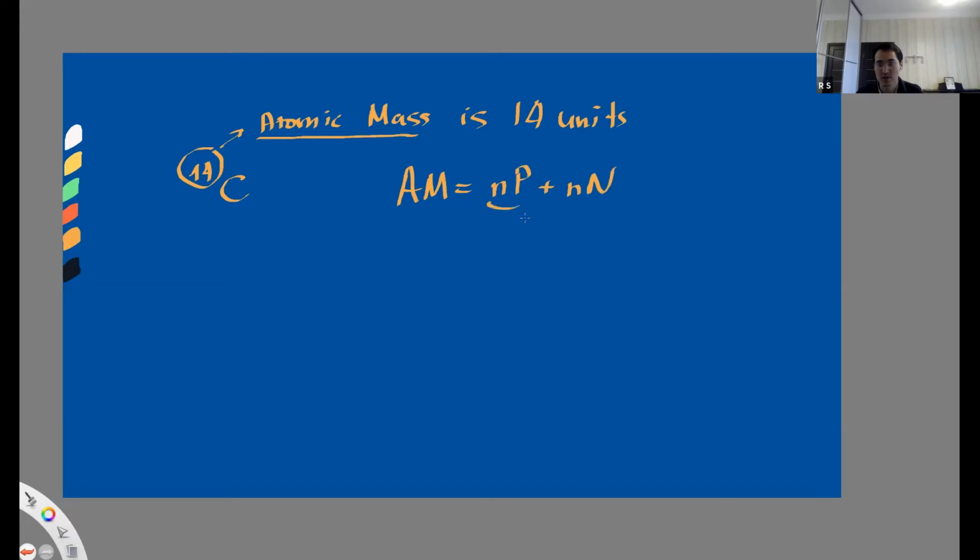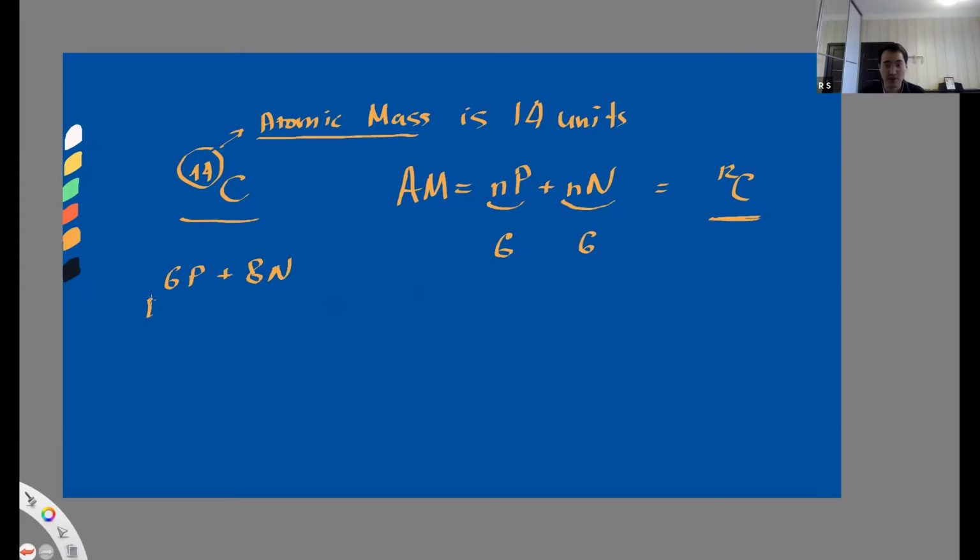We all know that for carbon, the number of protons is 6 because it's the 6th element in the periodic table. And the number of neutrons for the most abundant one is also 6. So if you see something like C12, it means it's the most abundant carbon. If you see C14, it means it has 6 protons and 8 neutrons.